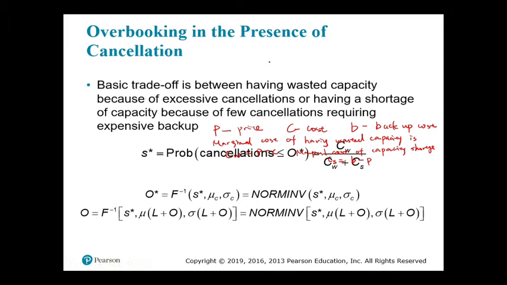So let's assume the number of cancellations follows a normal distribution with mu C and sigma C.